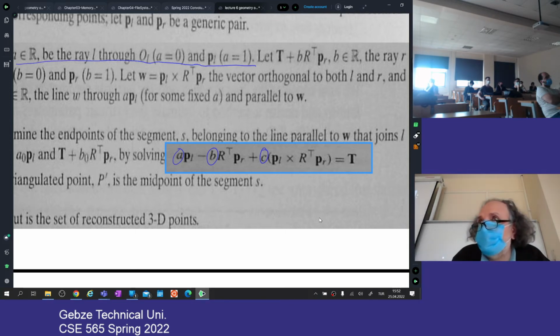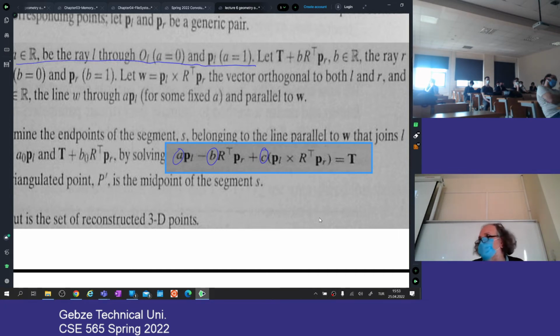I have one equation but three unknowns, and I don't have any other information about this system. That's all I have. Three unknowns, A, B, C, but one equation. I need three equations.